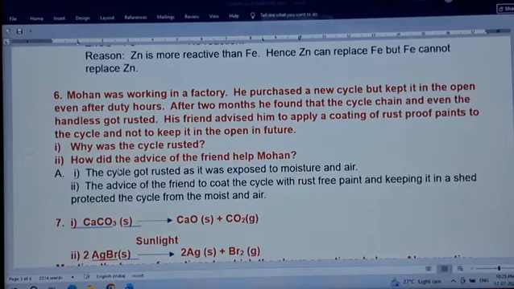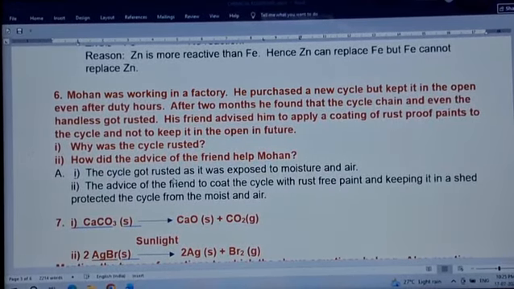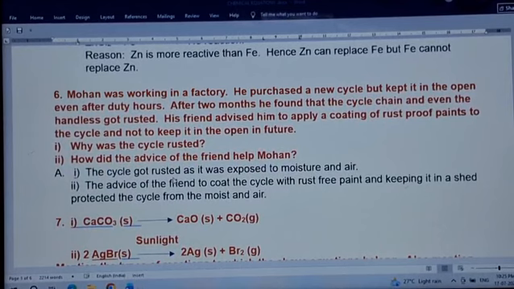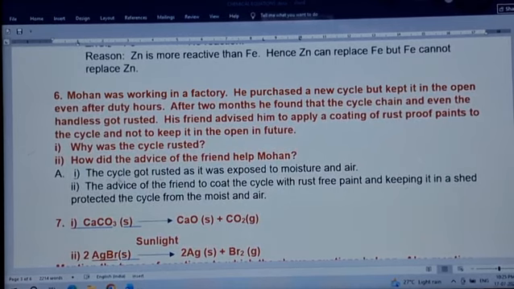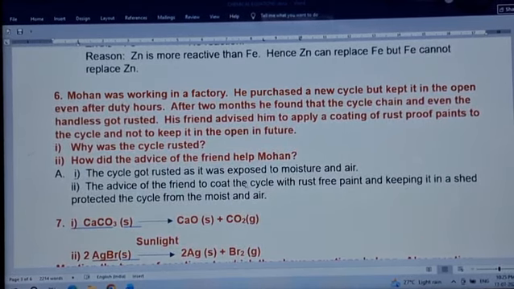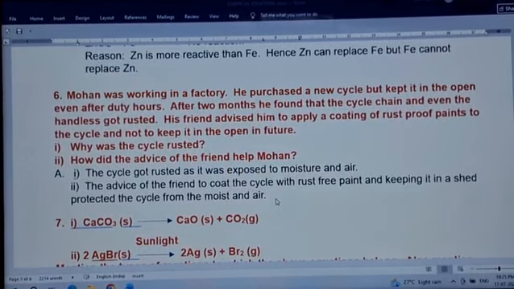So here the cycle is kept in moist air. Cycle is made up of iron only. So when it is exposed to moist air, the parts where the paint has gone, from there the rusting starts forming. The advice of the friend to coat the cycle with rust-free paint and keep it in a shed protected the cycle from the moist air.